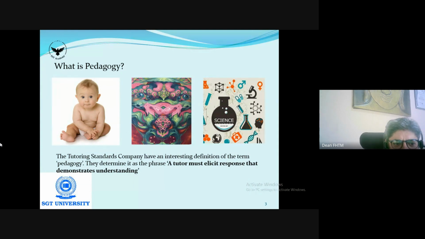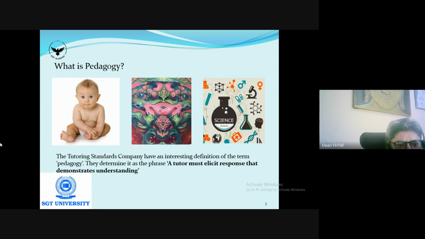Simplify the complicated things. Excellent. Yes, you all are correct. This picture is actually self explanatory, because the question is, what is pedagogy? And the answer is, pedagogy means the art and science of teaching a child.